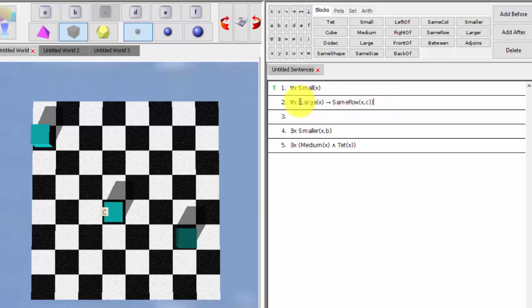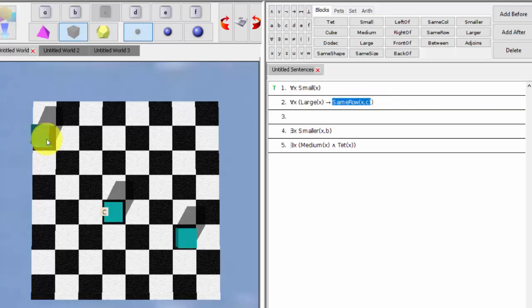However, in order to satisfy this conditional, each of the objects either needs to make the antecedent false or, in the inclusive sense of or, needs to make the consequent true. Since each of these is small, each makes the antecedent false, and as a result each of these objects satisfies the well-formed formula, and it's going to turn out to be true.